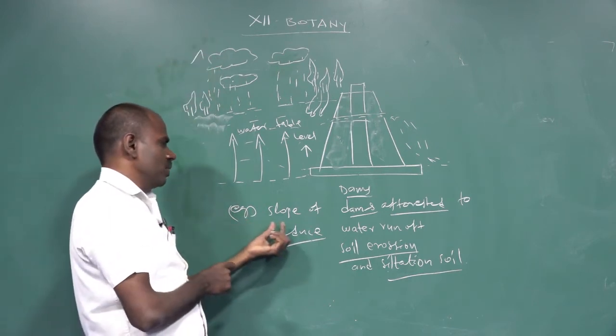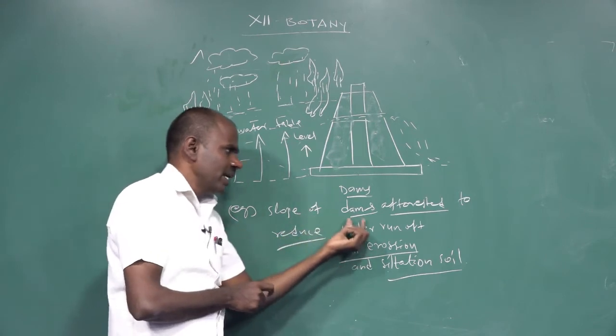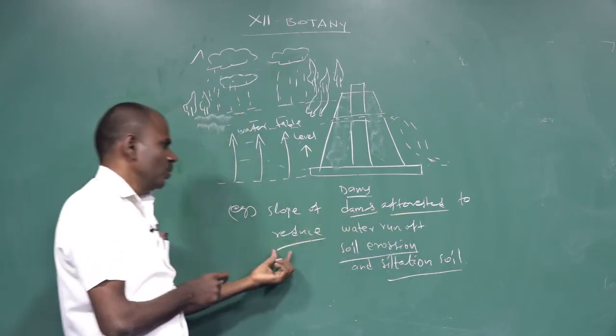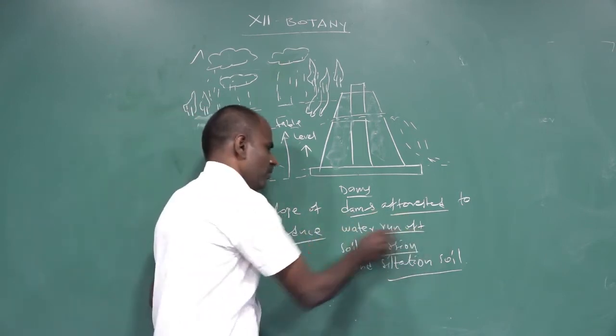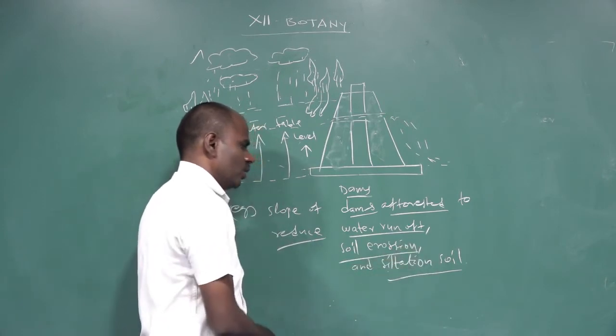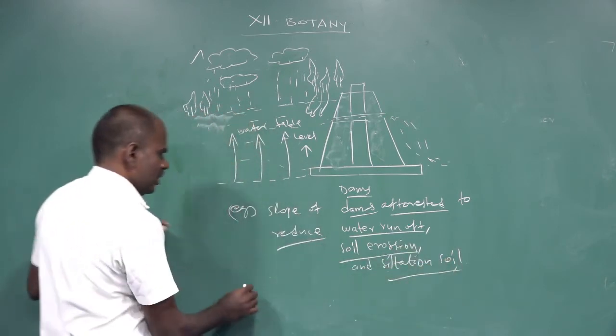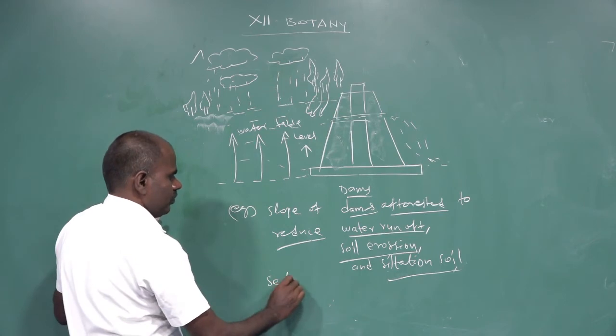The afforestation program involves afforesting the slopes of dams to reduce water runoff, control soil erosion and siltation. Siltation means sedimentation of soil.